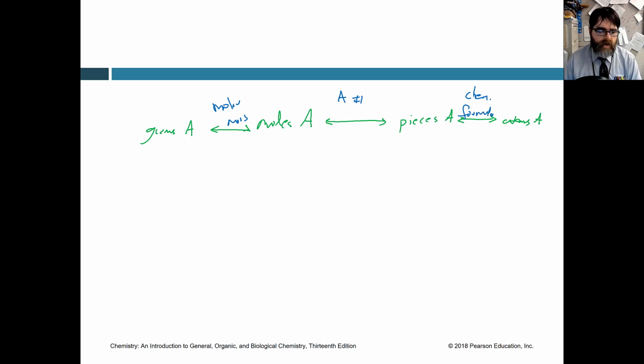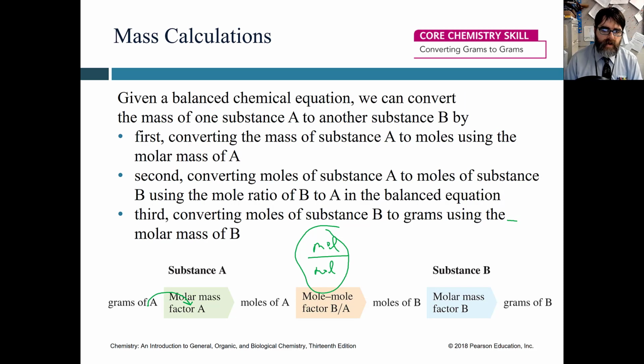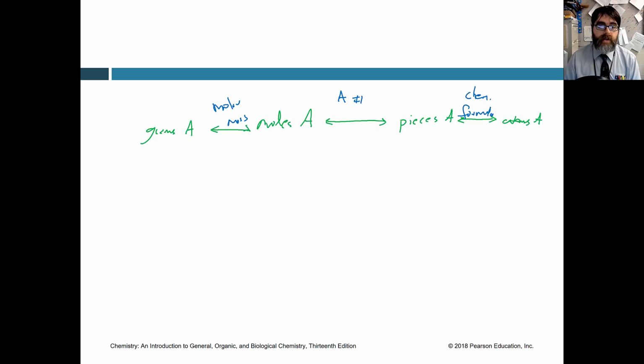Well, now, what this new ratio that we have that they pointed out at the bottom of the prior slide, that is this one here, I'm going to draw it going up and down here. And so this one here is how we go from moles of A to moles of B, and this is what I'm going to call the stoichiometry step.